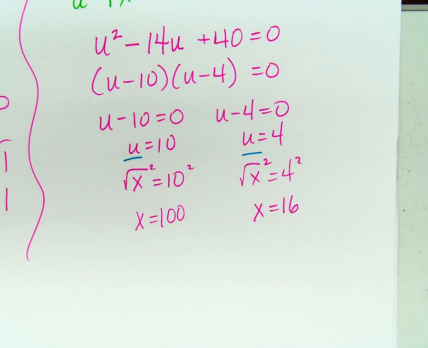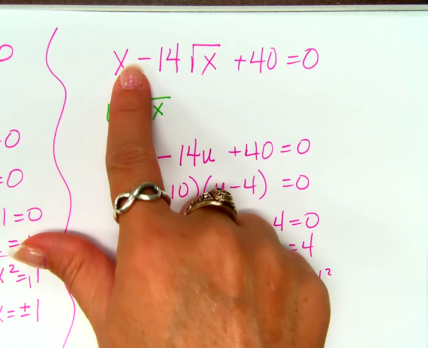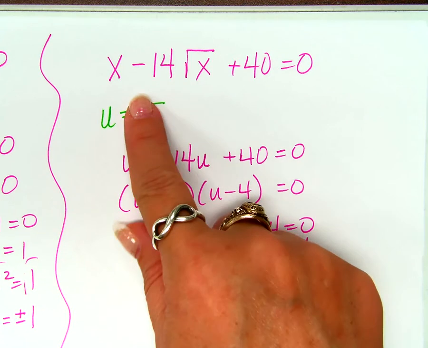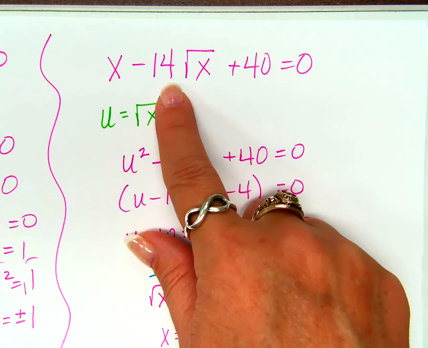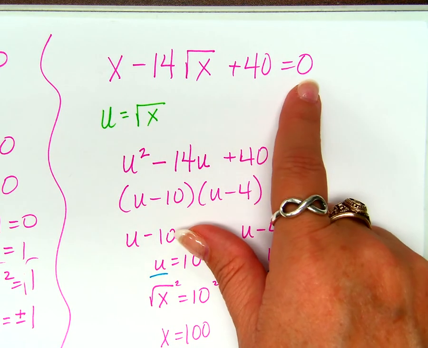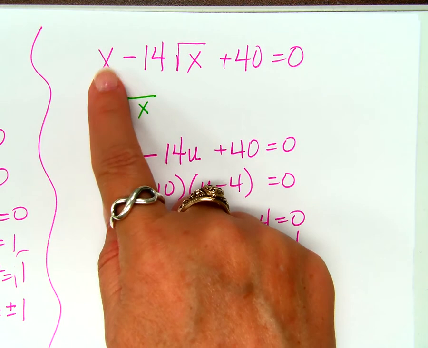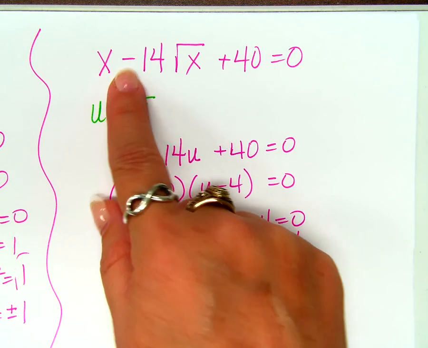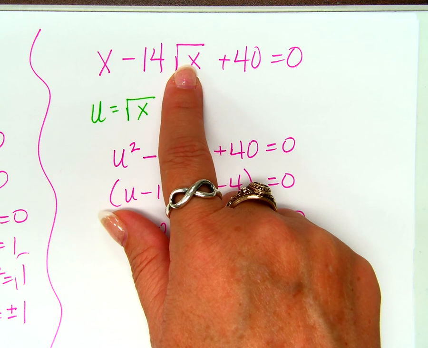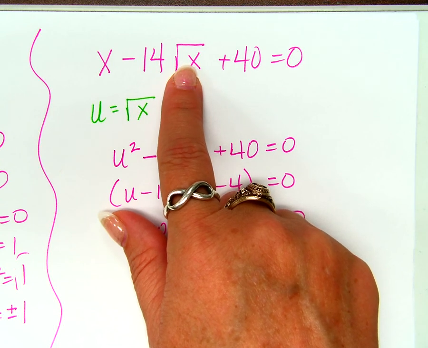I mean, I could check those and they would be right. Up here, right? 100 minus 140 is negative 40 plus 40 equals 0. And if it was 16 minus, well, that's 4 times 14, 56.